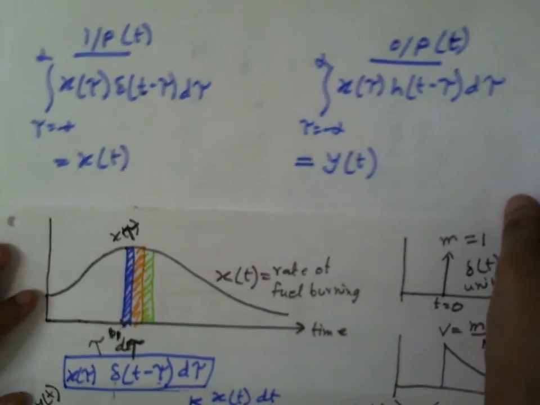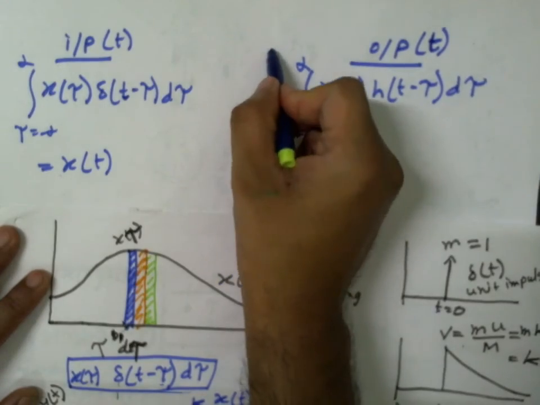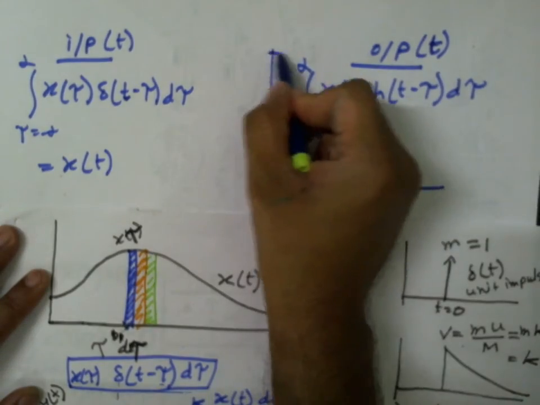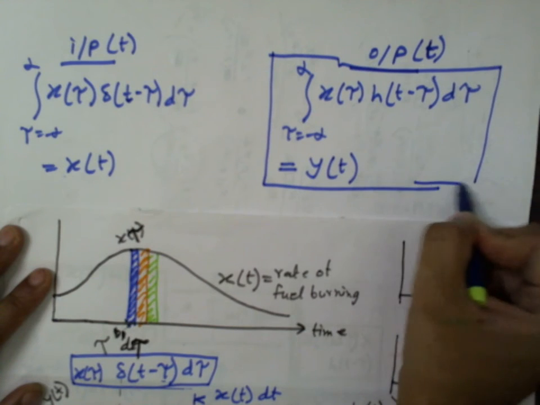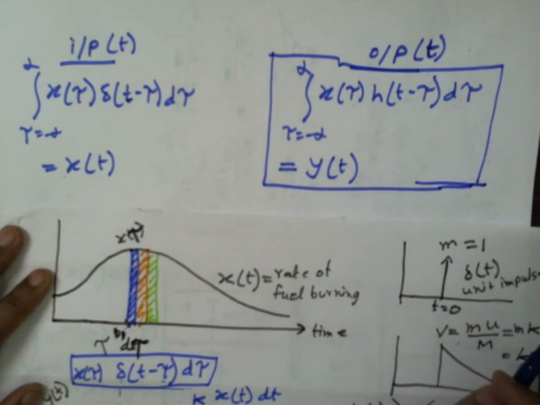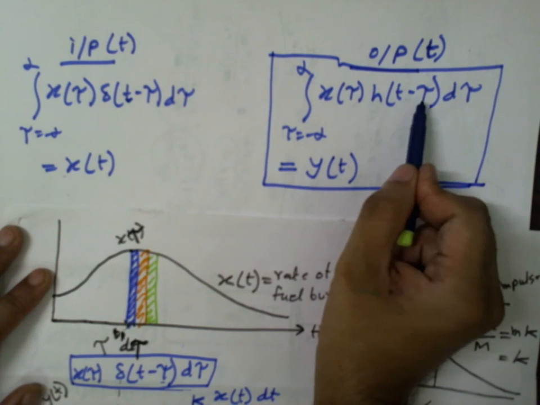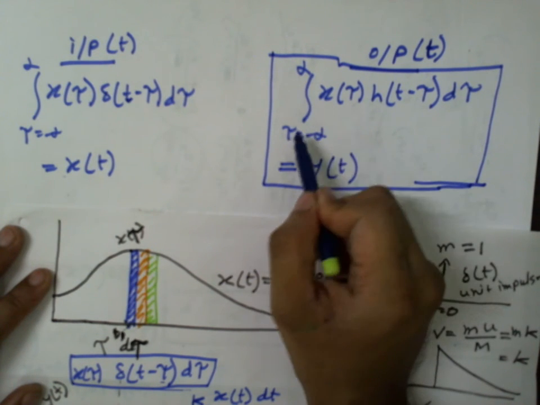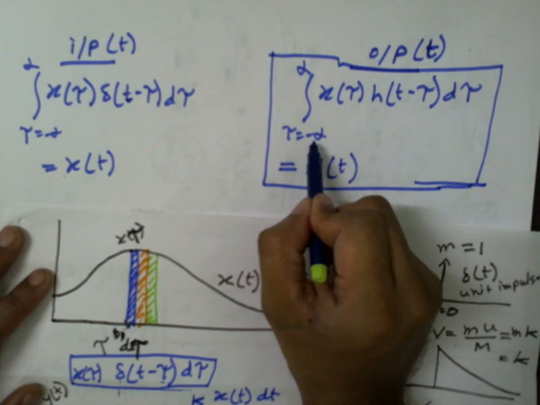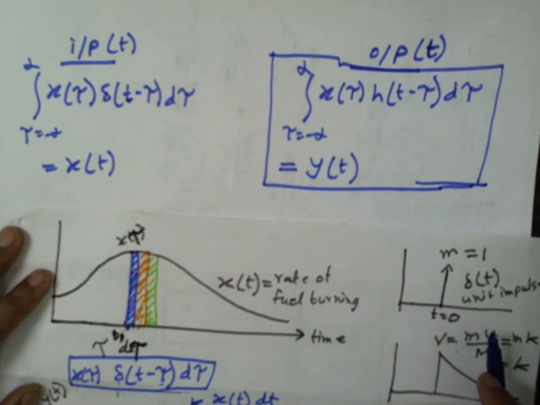So this is how the output, or the final velocity of my rocket, is going to be: y(t) is x(τ) h(t − τ) dτ integrated over τ from minus infinity to plus infinity.